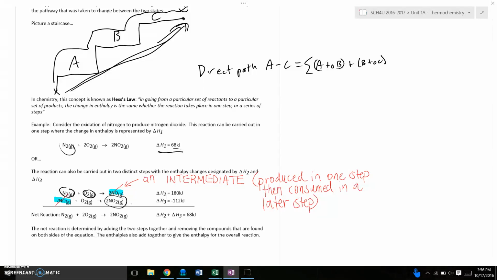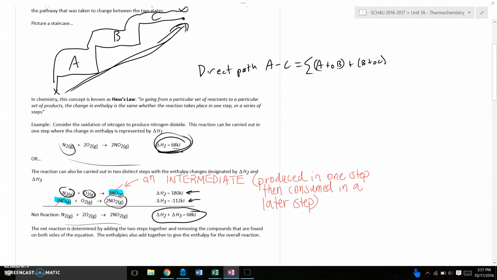And you'll notice that if you cancel out the intermediates, because it's produced and then consumed later, the final reaction is actually the same as the overall reaction in one step. And so we can use the enthalpies of each of these individual reactions, add them up, and we will get the same enthalpy as if we did it in one step.